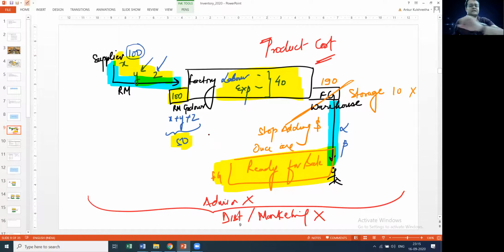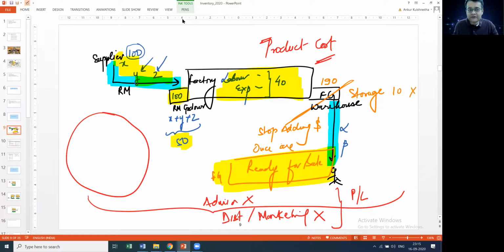Okay, that does not mean that I am disowning these costs. Of course, these are my costs. Where will they go? They will directly go to P&L. I would want you to quickly recall the concept of expense recognition, wherein we said there are two types of expenses, one related to inventory, the other one related to time. The ones related to inventory we said are the direct cost.